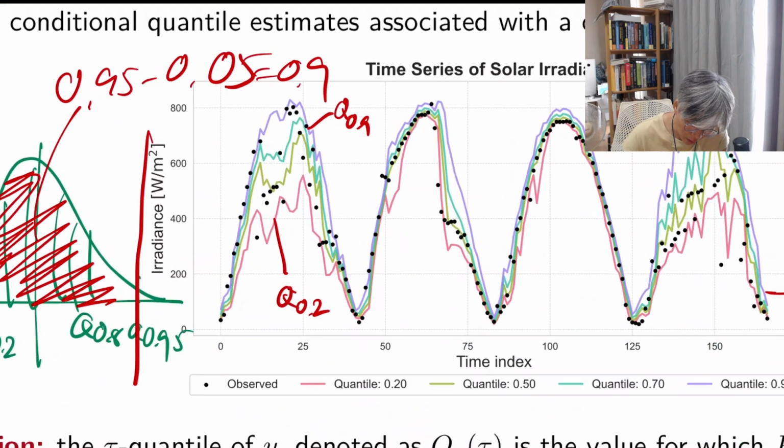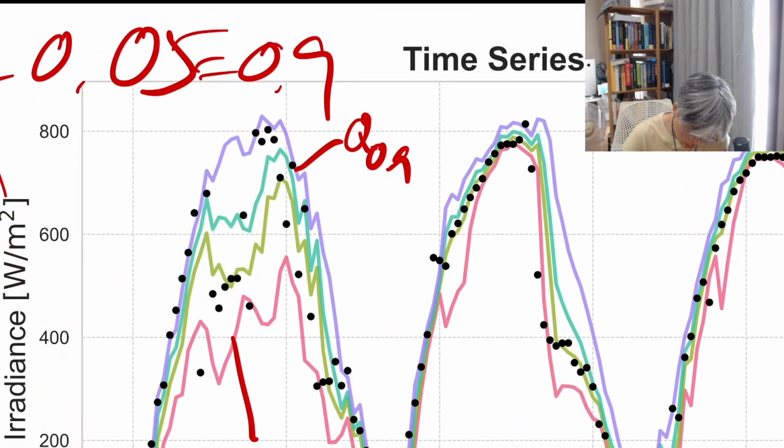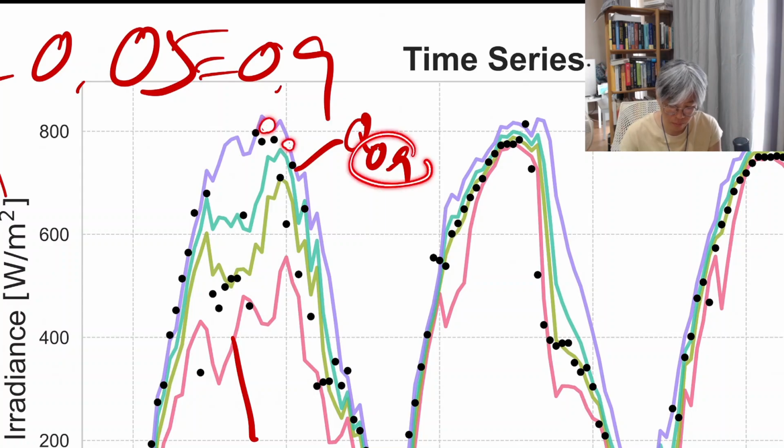It means that this point certainly comes from some x, and this point comes from another value of x. So even though they have the same probability level of 0.9, the values of the quantile can be different.